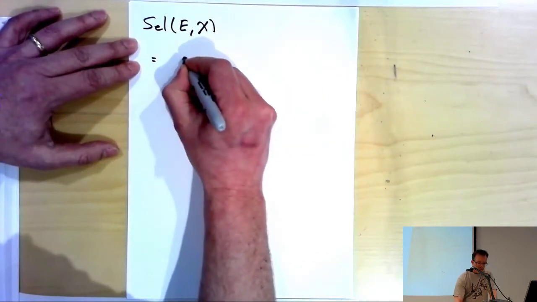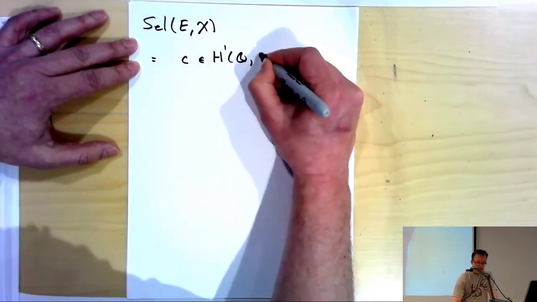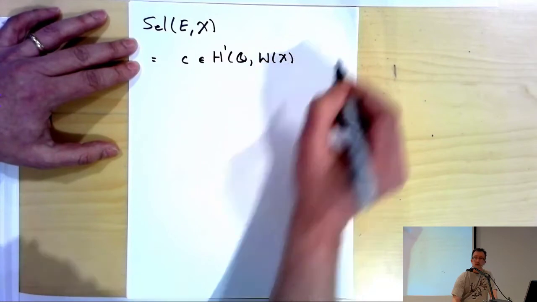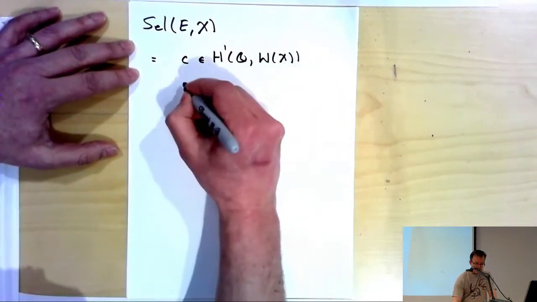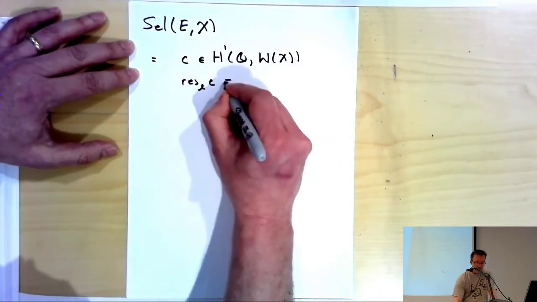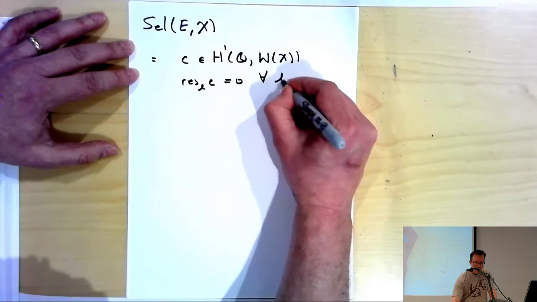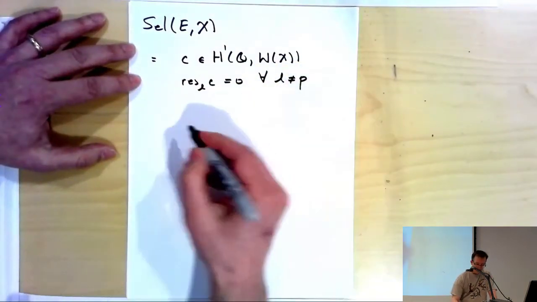as the collection of classes c in H1 of Q, with coefficients now in the twist of the p-divisible group, subject to the condition that the restriction of these classes vanish for all l different from p and at the Archimedean place.